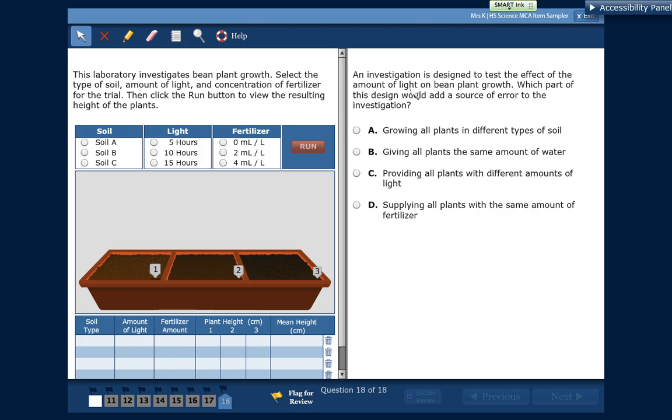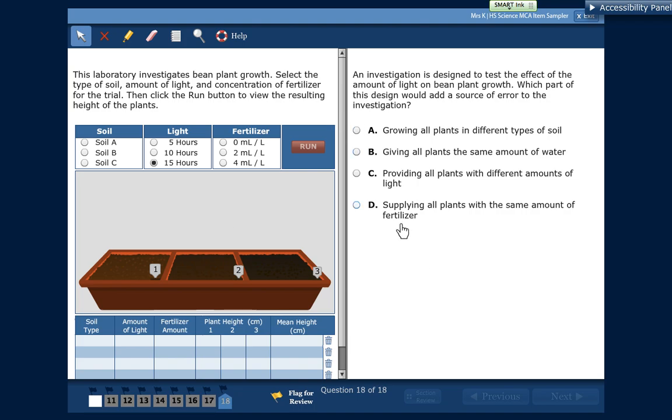The only thing you're testing is light. You want to see how light impacts the growth of the bean plants. Which one would cause your results to not be trusted, meaning you couldn't say that light was the factor that caused them to grow taller or not as tall?